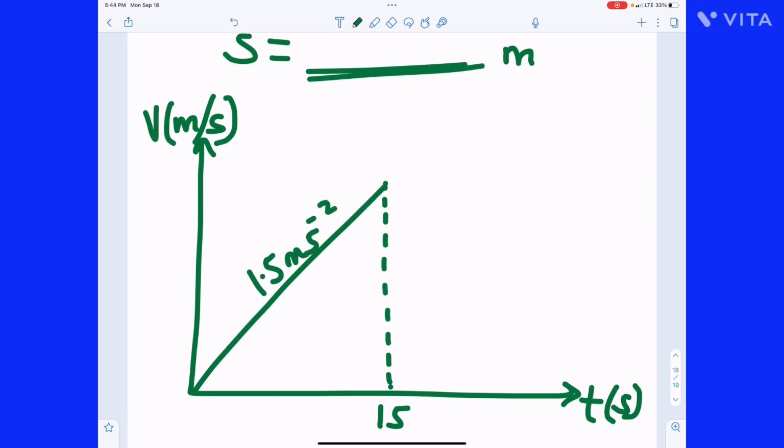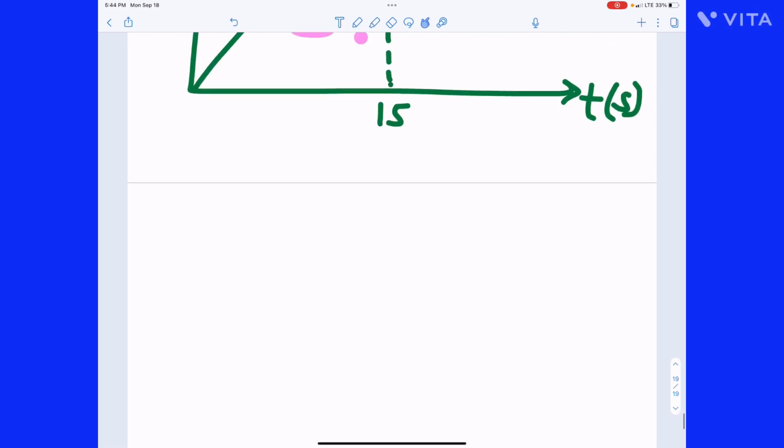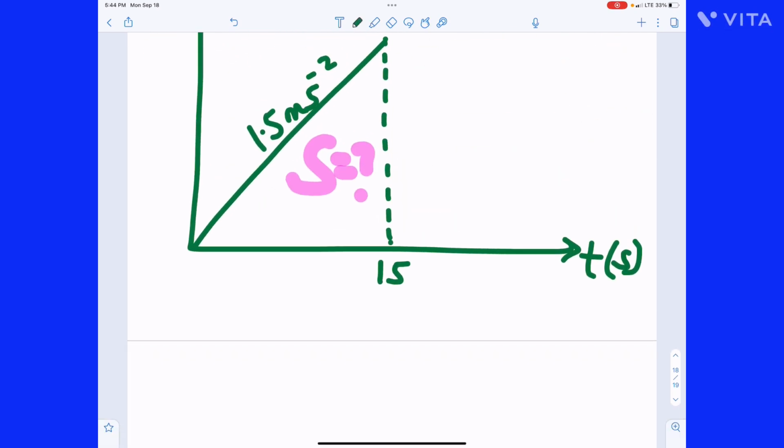We don't have the distance, so distance is a question mark. The initial velocity was 0 meters per second.